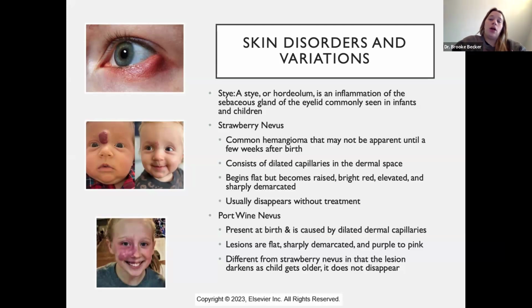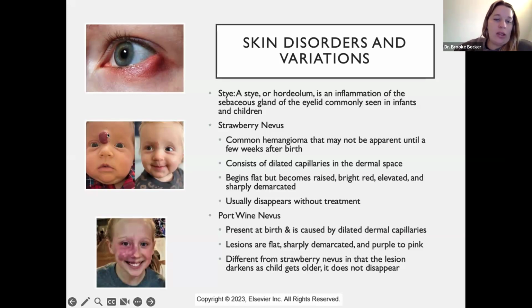Strawberry nevus or a hemangioma. Okay, you might not notice them right away after birth. Sometimes those dilated capillaries need to kind of continue to dilate to be able to see that strawberry nevus or that hemangioma. Usually starts flat, but then it can become raised and red and bright red. And then it can have like really sharp demarcations, which means like the lines are kind of like really wonky.